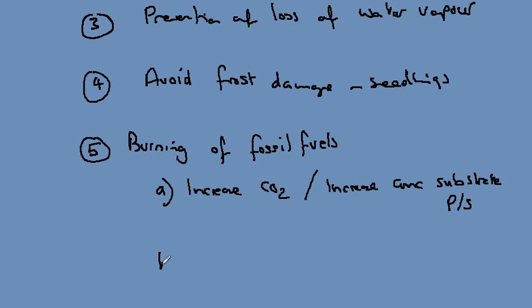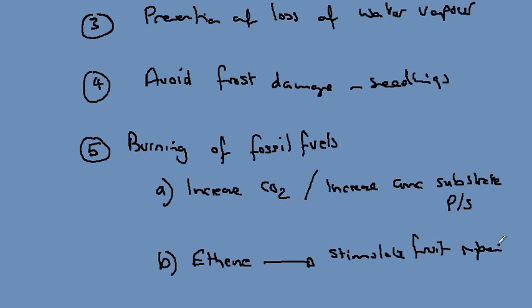A curious side effect is that inefficient burning of fossil fuels leads to the production of ethene, and this gas turns out to stimulate fruit ripening, particularly in things like the tomato.